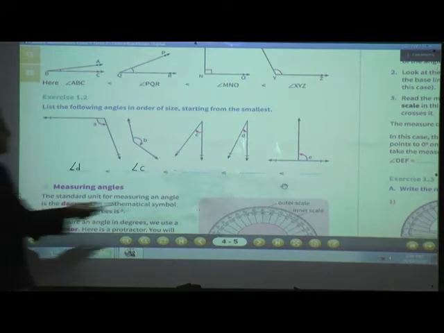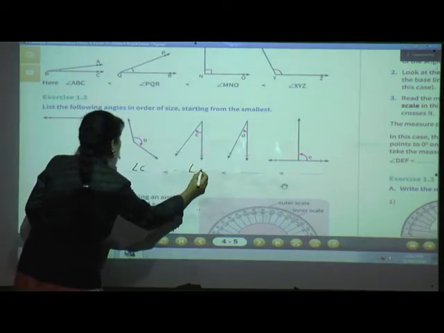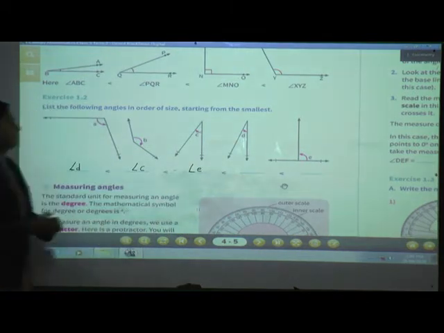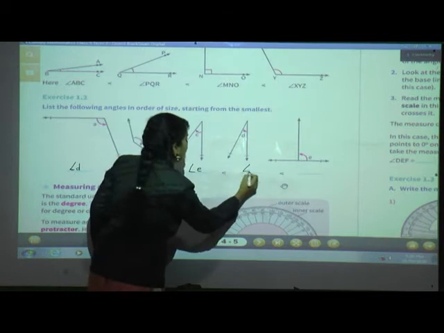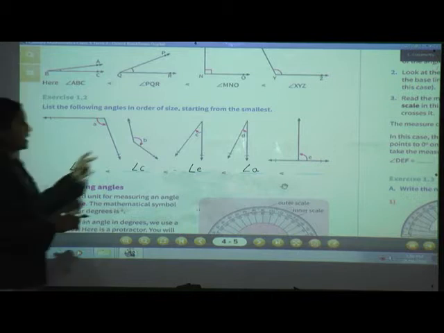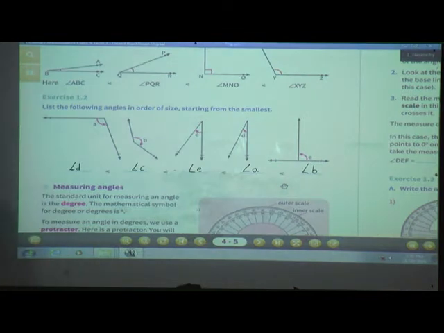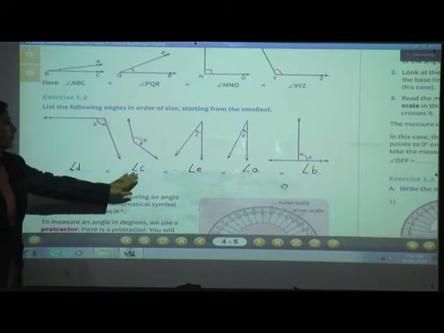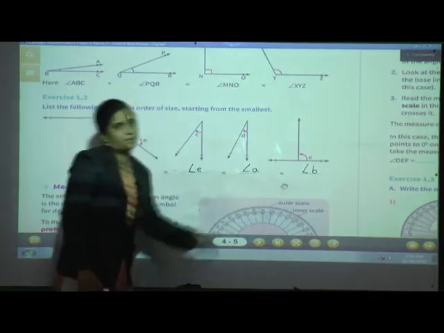Yes, angle E. Angle E is bigger than angle D and C. Then angle A is bigger than angle B, C and E. And the last one, angle B is the biggest angle. So students, write in your textbook only. First one is angle D, then angle C, then angle E, angle A and angle B.